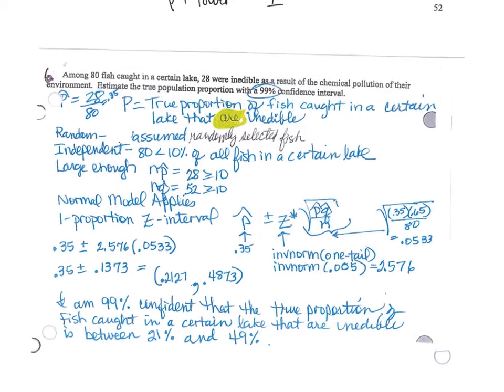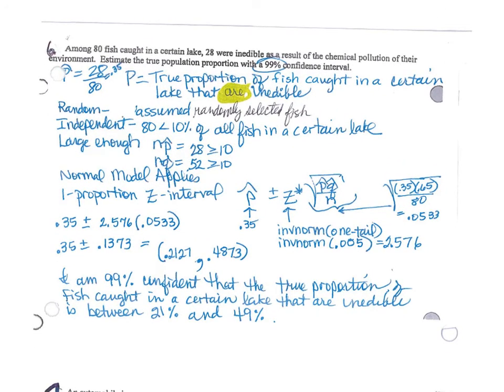Number 6 was just another PANIC model. The true proportion, you were trying to estimate from one sample the true proportion of fish caught in that lake that are inedible.